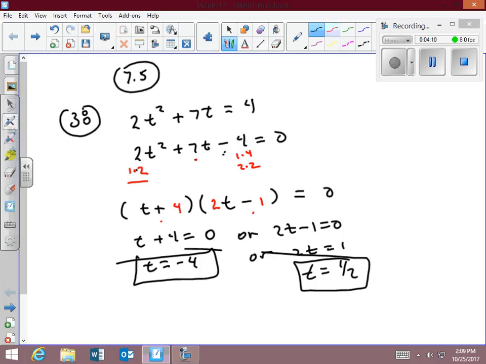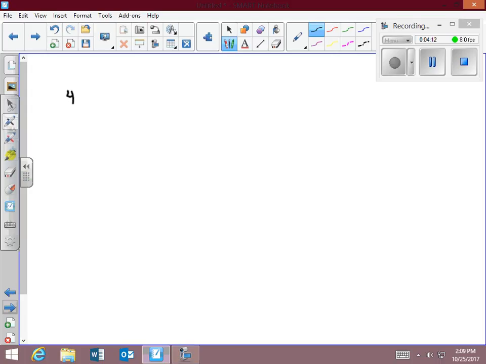So let's look at 44. 44 says y times y minus 7 equals 18. Now your algorithm says what do you do first? Expand. Do you have to do expansion? Huh?